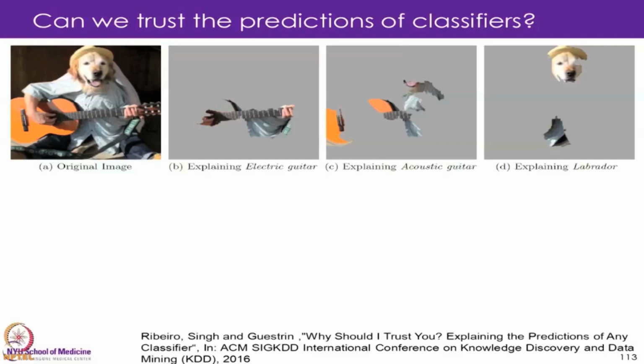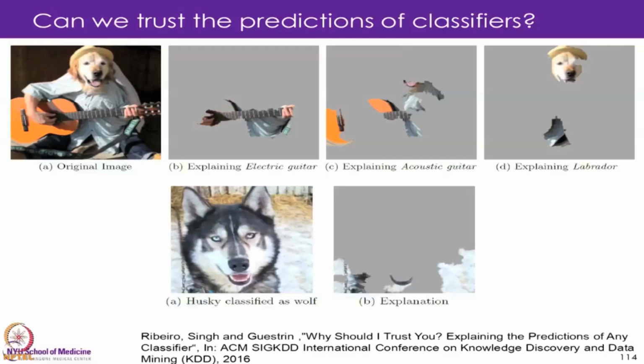But often we have a case like this, where an image was classified as a wolf, but what was used for classification was the background snow. And this can easily happen in proteogenomics. If we build a very complex model, we can get something that's irrelevant.